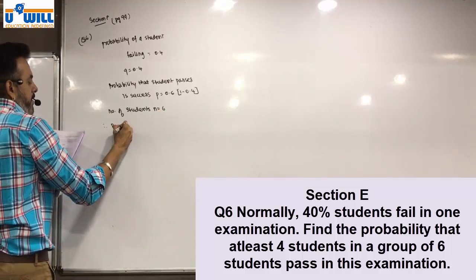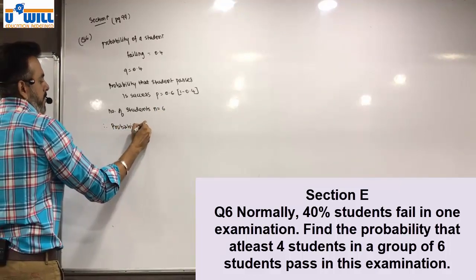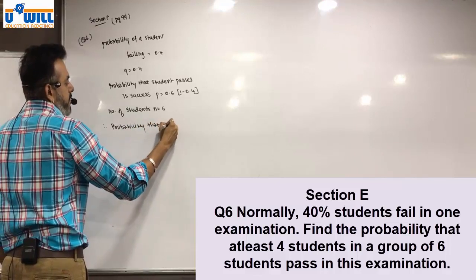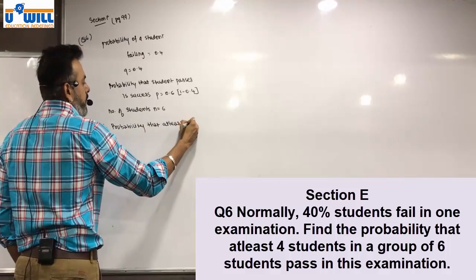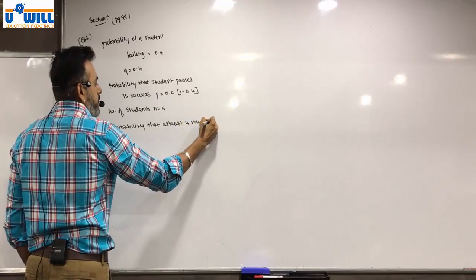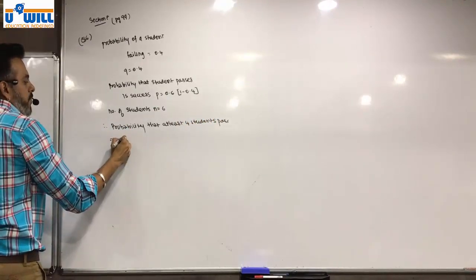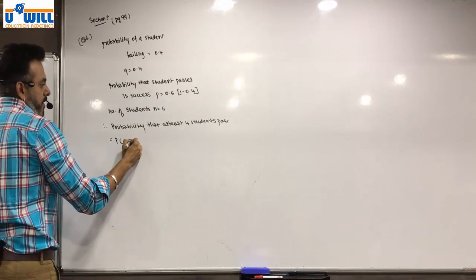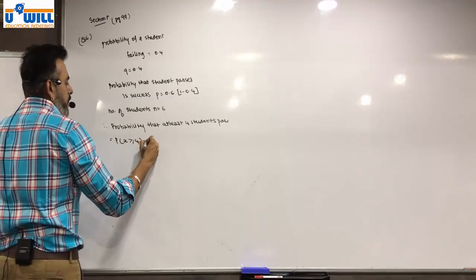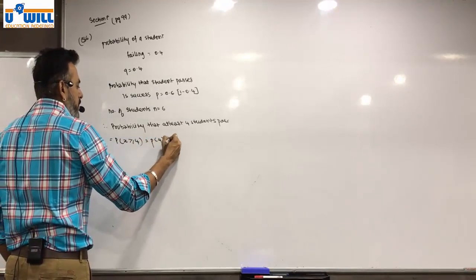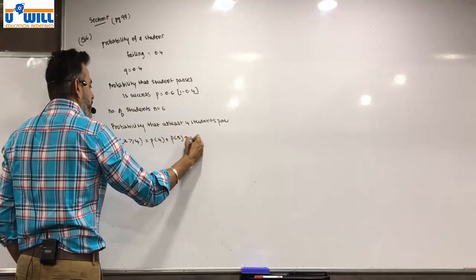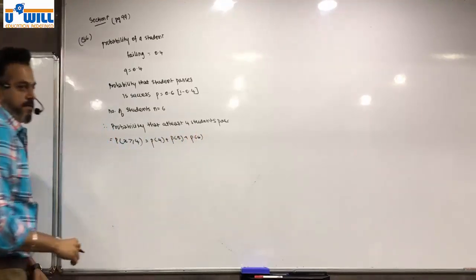Therefore, probability that at least 4 students pass is equal to probability of x greater than or equal to 4, which is probability of 4 plus probability of 5 plus probability of 6.